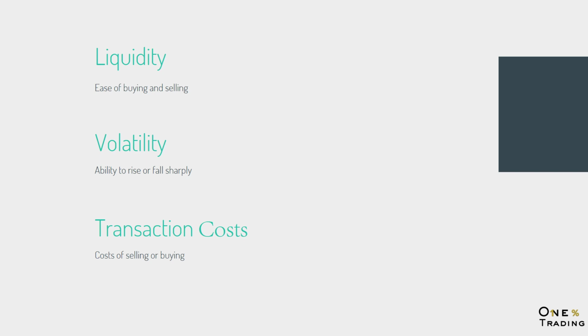So the next one is volatility. Volatility refers to the ability of a financial security to rise and or fall sharply. This, however, comes with a twist, because the more volatile the instrument, the greater the risk, and of course the greater the reward.